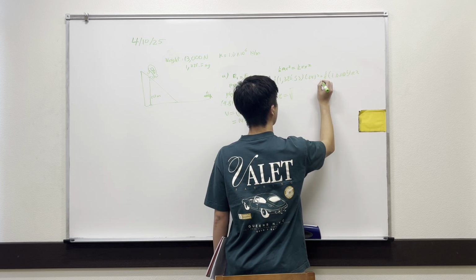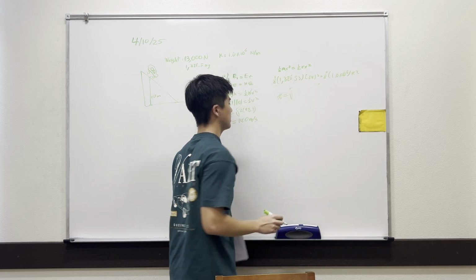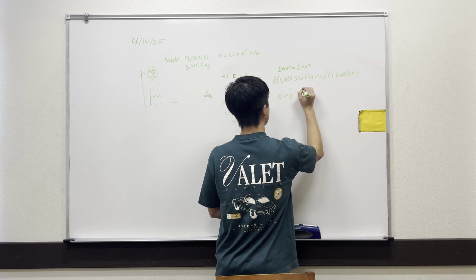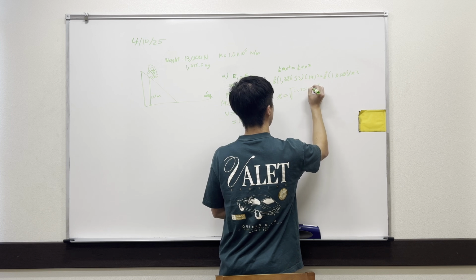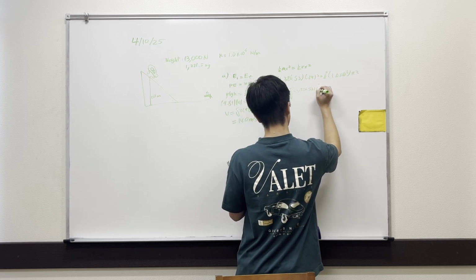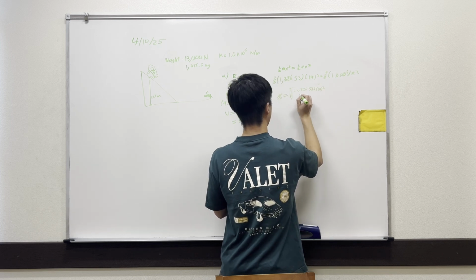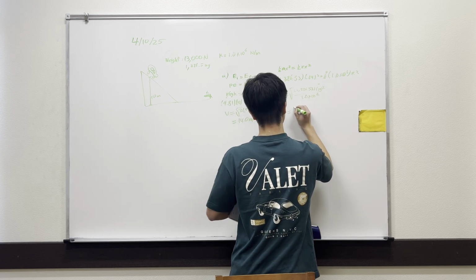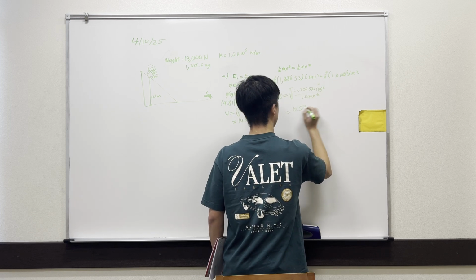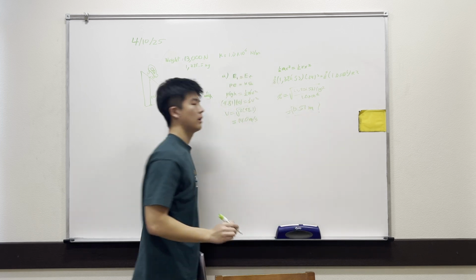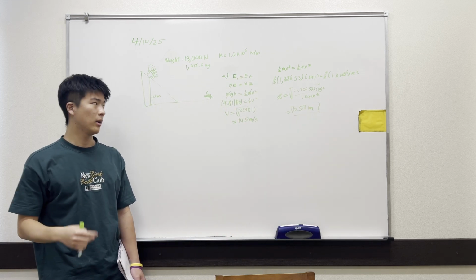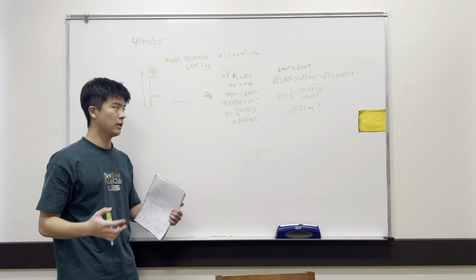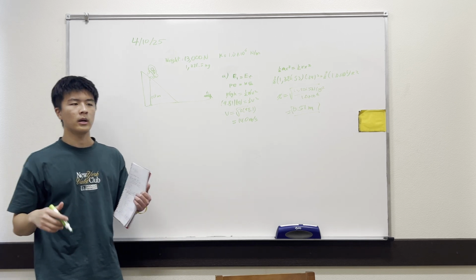You cancel out the halves because they're on each side, and then x squared is the mass times velocity squared over the spring constant. When you put it in your calculator, you should get around 0.51 meters.